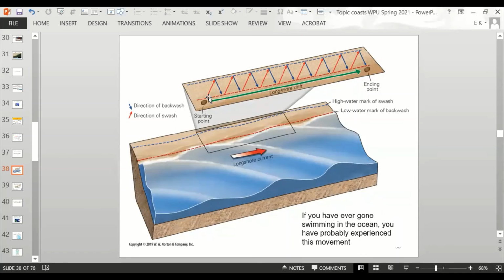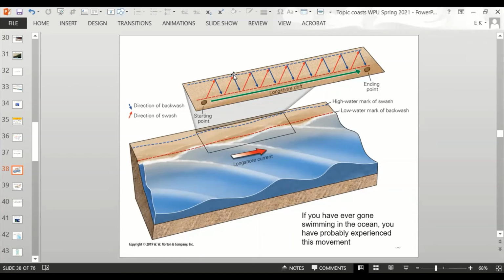It gets pushed onto the beach, but because you have this angle, it gets pushed in that direction. And then the backwash of the wave goes perpendicular from the beach into the ocean. So when the materials that are carried in the wave are put on the beach, they go at an angle. And then when the water rushes back out to the sea, the backwash, that's perpendicular to the ocean.